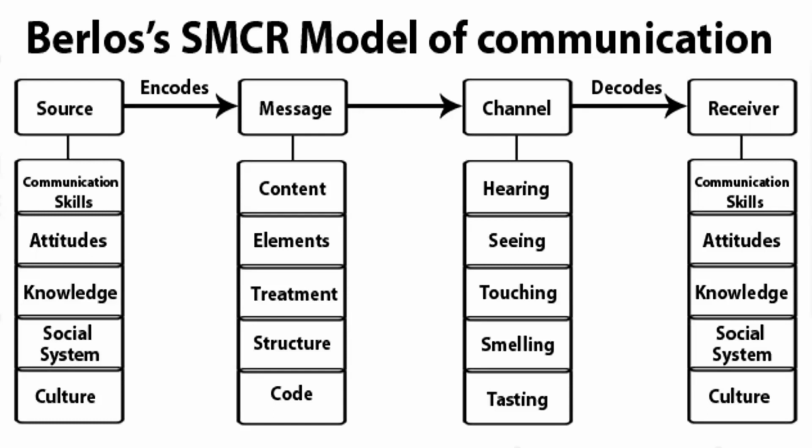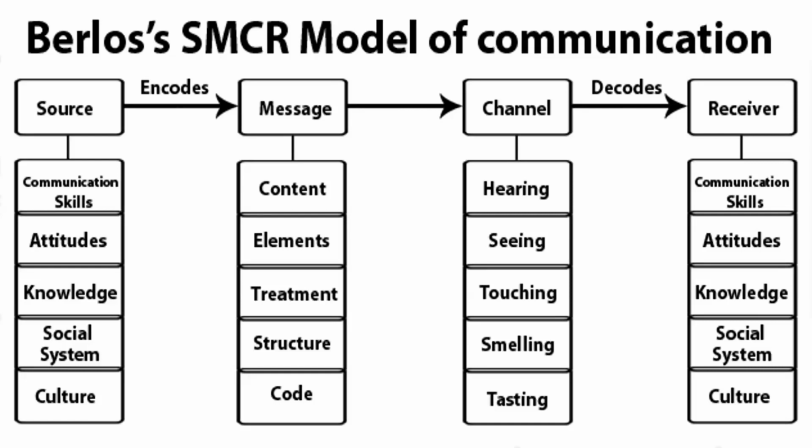Culture can also be under social system, because it's more on the socializing way of talking or communicating. So it's very important to check first the cultural background of the sender or the receiver.